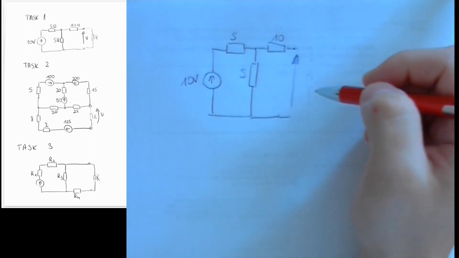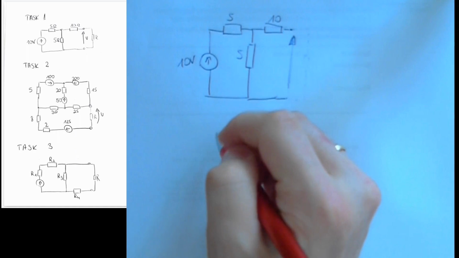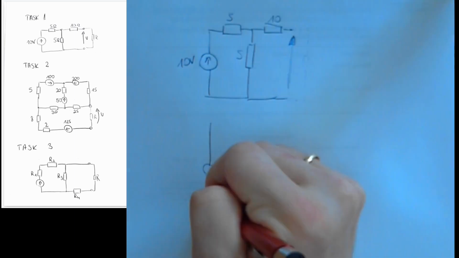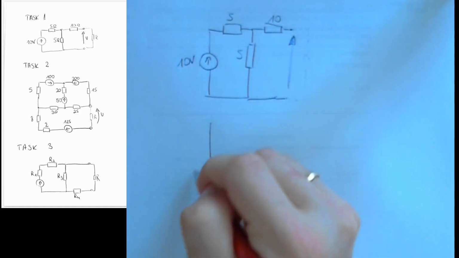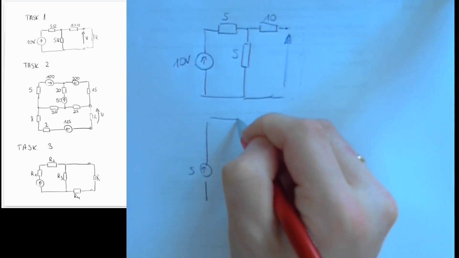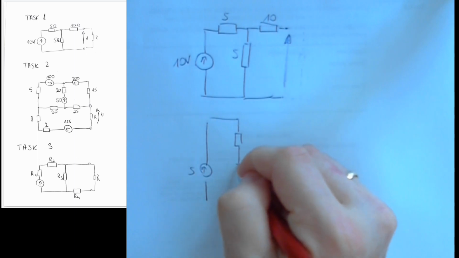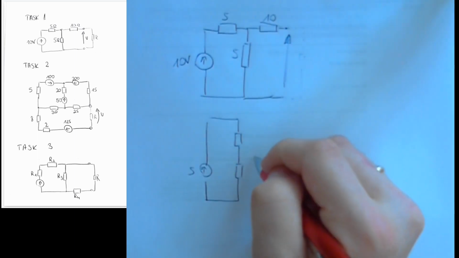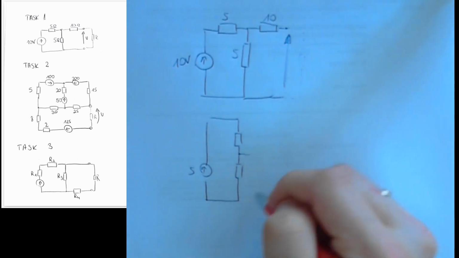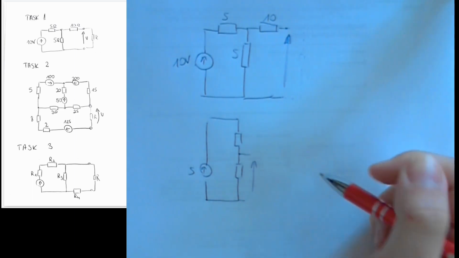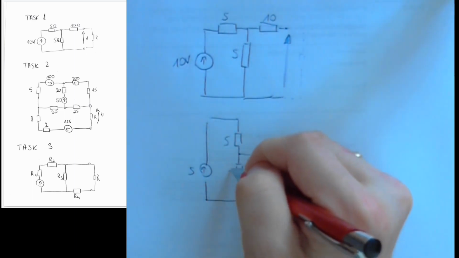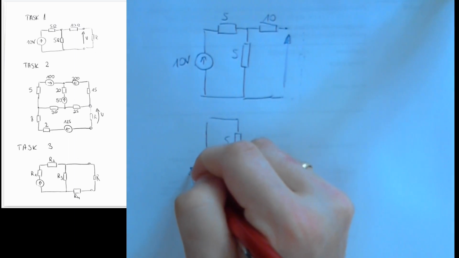So in this case we can redraw this circuit like this. So we have this 5 ohm resistor, I moved it right here, and the second one, and what we are doing is we are checking what is the voltage right here. Okay, so we ended up with two 5 ohm resistors, so this is 10 volts.